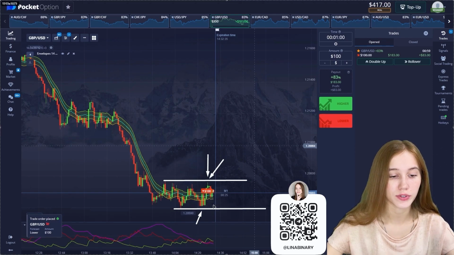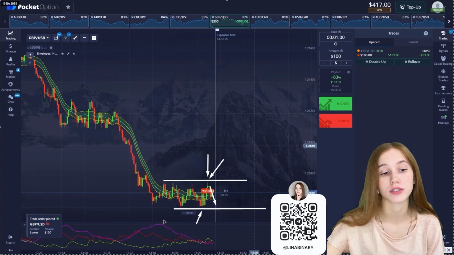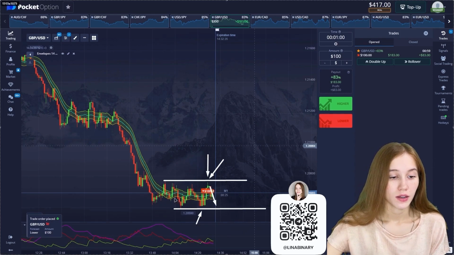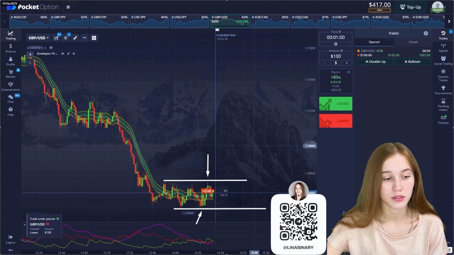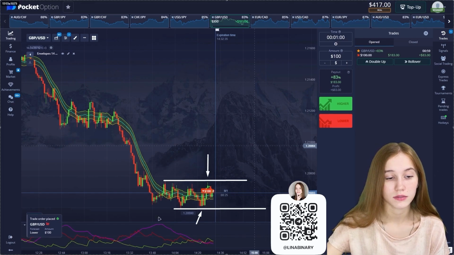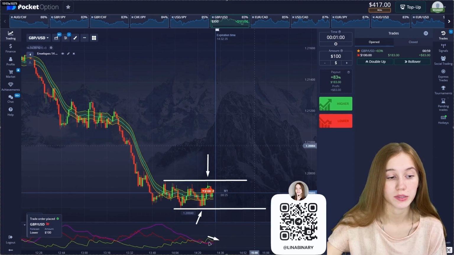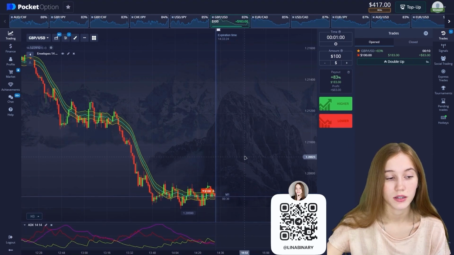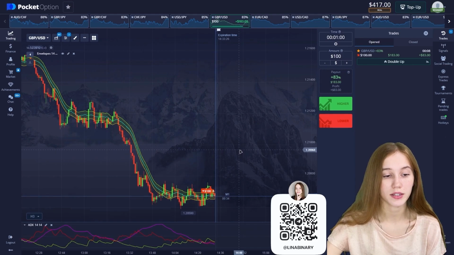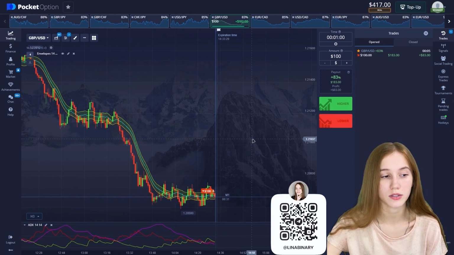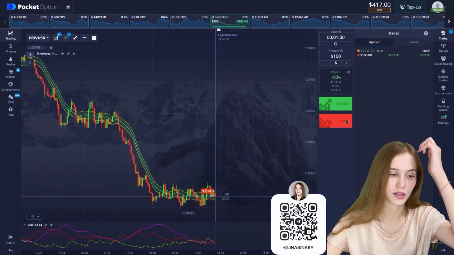We see our first indicator, boundaries, and the purple line shows that this line is decreasing. That's why we up and down. And the seconds, 3 seconds left. And we're in the black. Profit is $183. And let's move on.